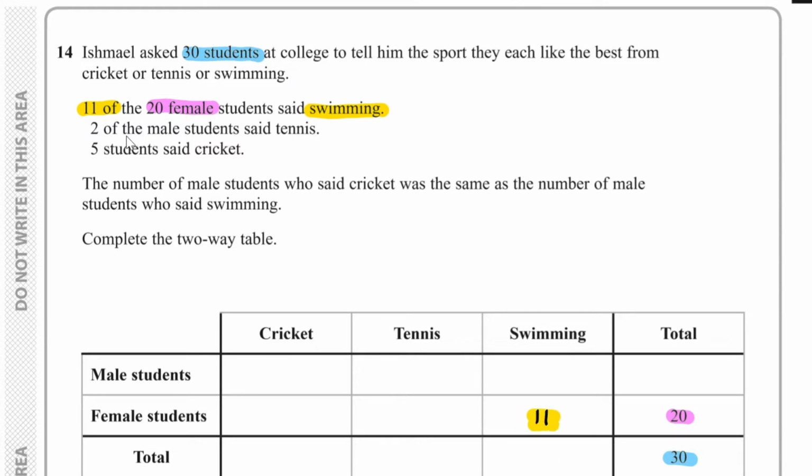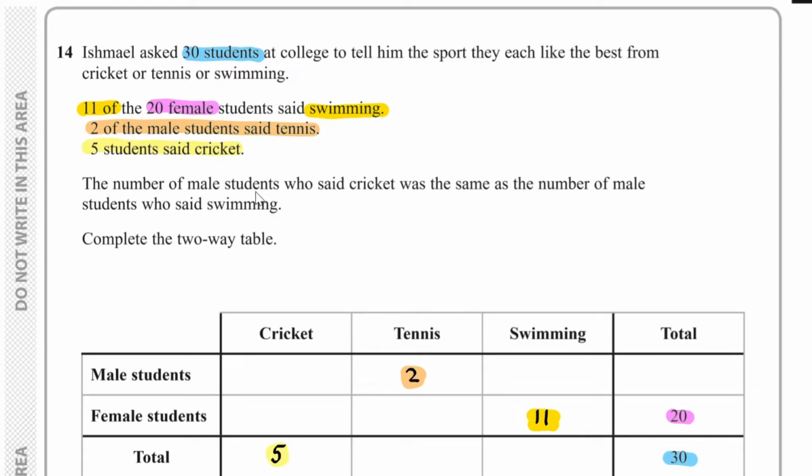And 2 of the male students said tennis, so 2 male students said tennis, so here we've got 2, okay. And 5 students said cricket, so we've got a total of 5 students here.